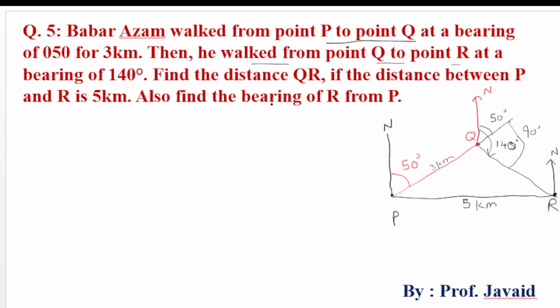Find the bearing of R from P. So this is R, R from P. This one is P and this one is R. So find the distance QR, and the other thing that we have to find is the bearing. So this question is very easy. So let us find this thing first of all.